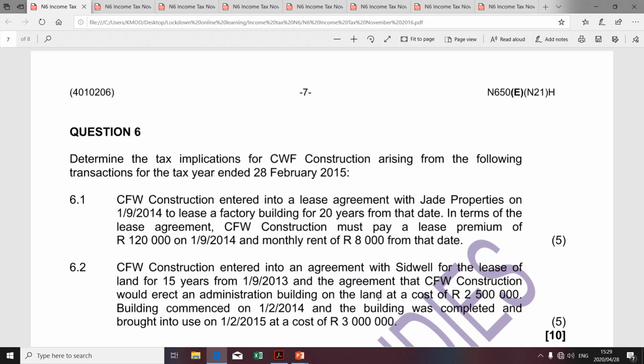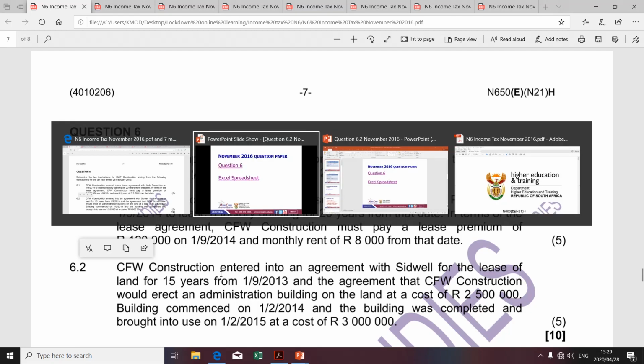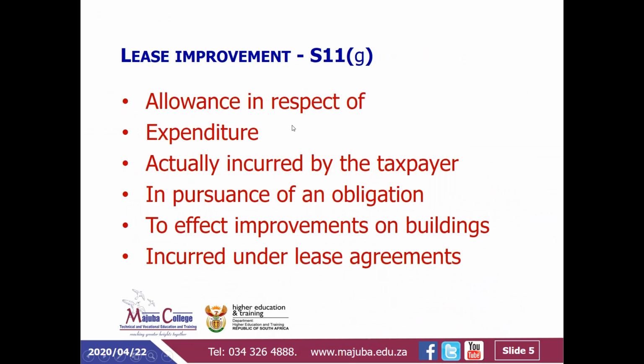In terms of section 11G, a taxpayer, CFW, might be granted an allowance on lease improvement. I'd like to take you to the slide just quickly so that we can go through the basic principles relating to lease improvement. It relates to an allowance in respect of an expenditure. Remember, we have an expenditure of 3 million.